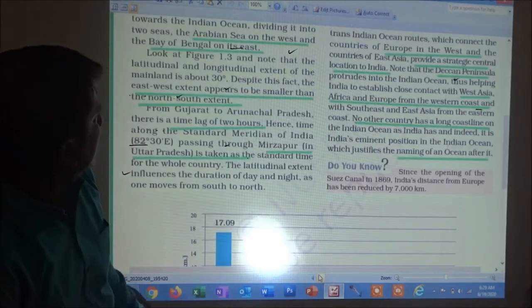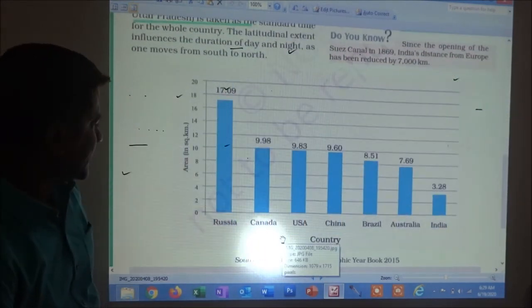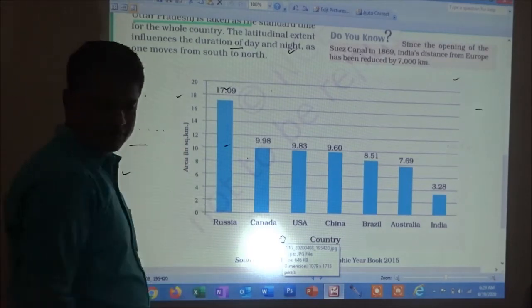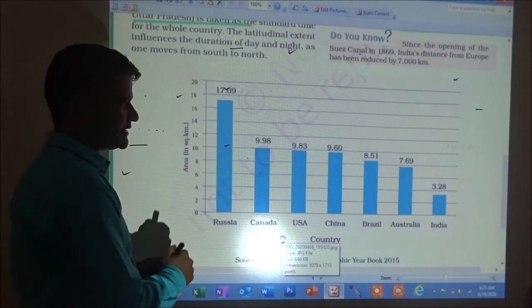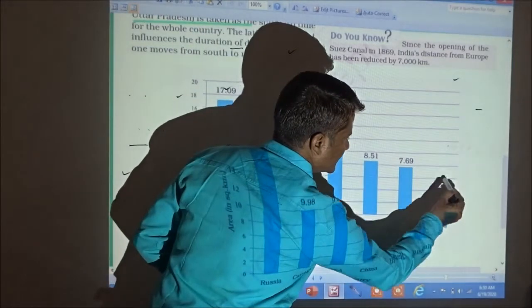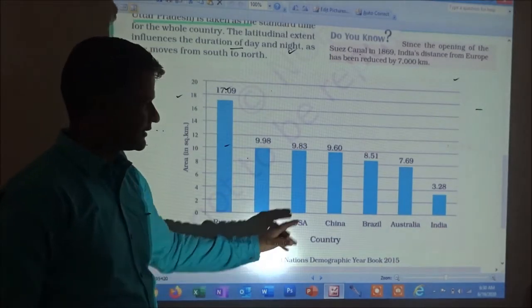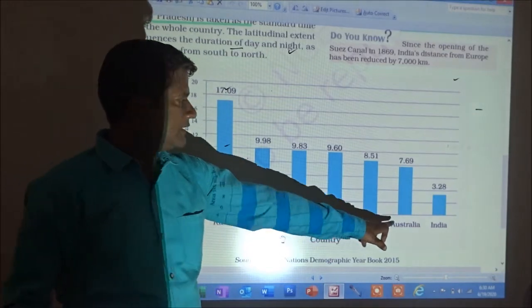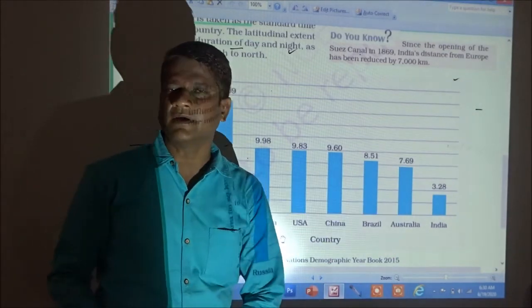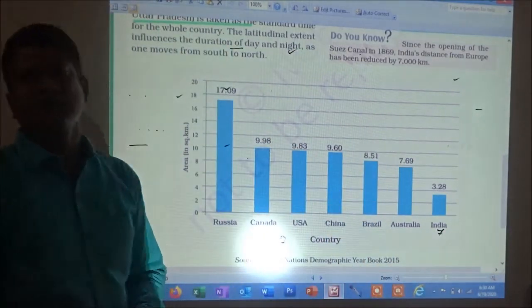Now if we look at this bar chart, you can find very easily that area wise India has the 7th position: Russia first, Canada second, USA third, China 4th, Brazil 5th, Australia 6th, and India on the 7th position.